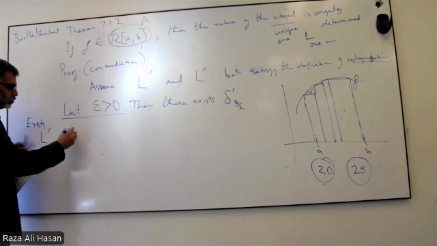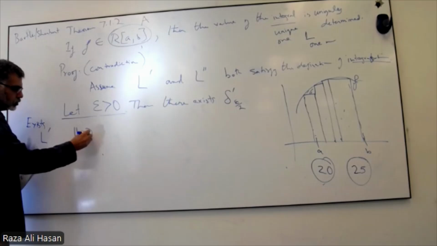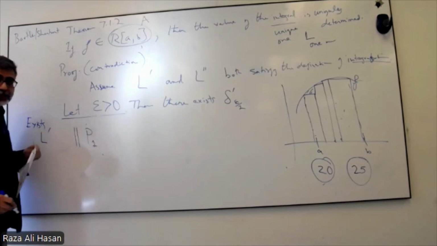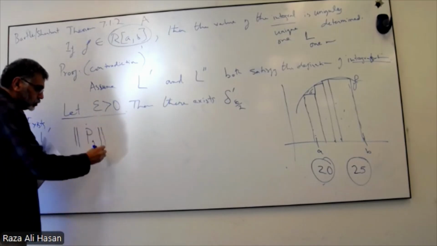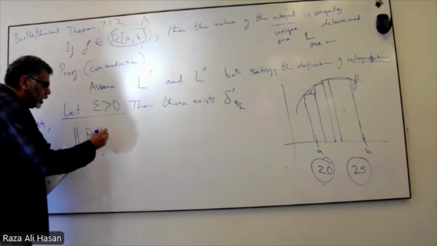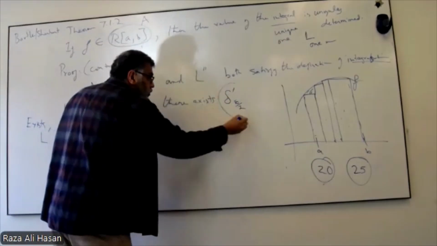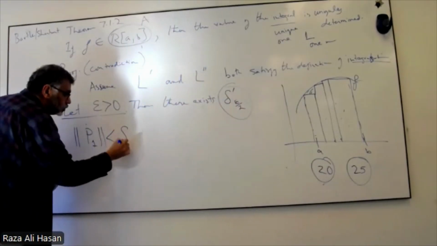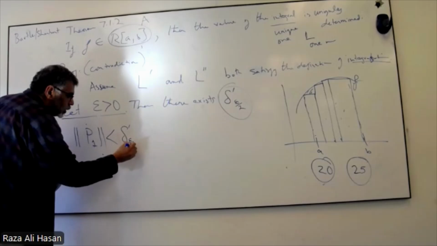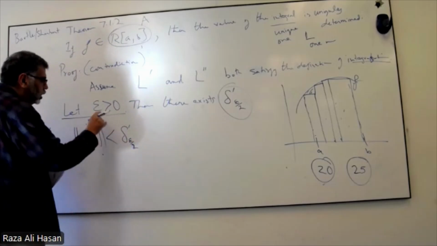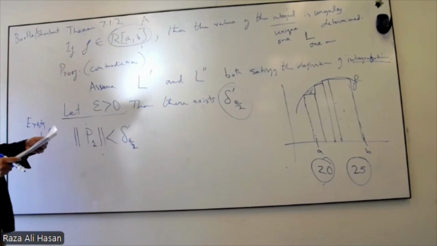We should write this. And let's call this partition 1. And it should be less than our number here. And it depends on the existence of epsilon.